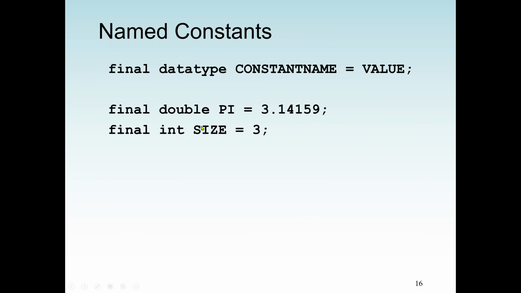Anywhere I see size, the value is 3. So these are constant variables. The value cannot change. So we always start with the keyword final, then the data type, such as int, and the variable name. Then we assign whatever value we will be using as a constant.